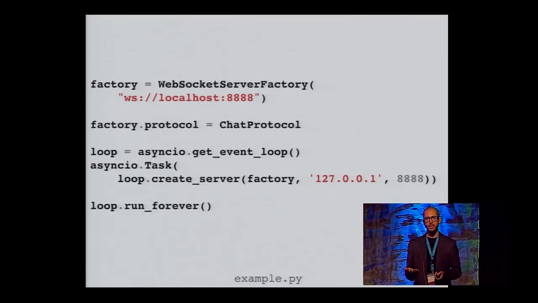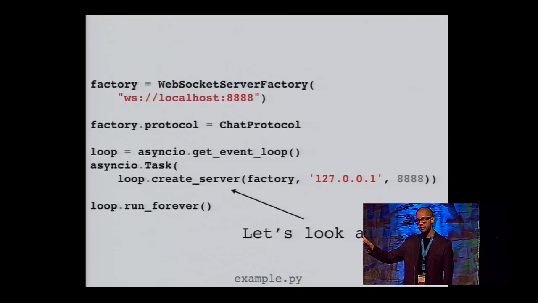It'll be the chat protocol that we defined. And we tell it to bind to an interface and listen on a port. And then the next thing we do is we get the event loop from Async IO, and we tell it to create a server. And we pass in the factory. And beneath that, we're going to tell the loop to start running. But we're not quite there yet.